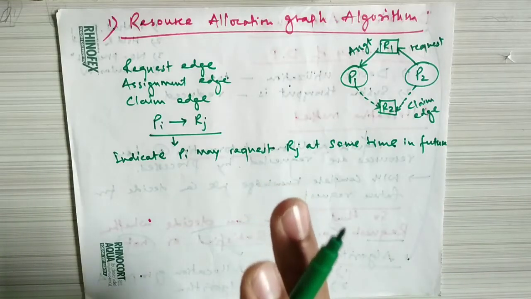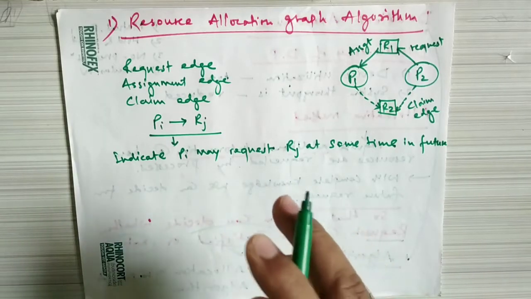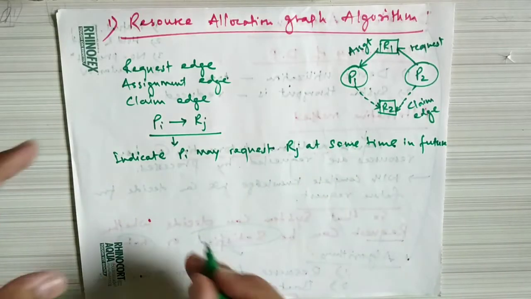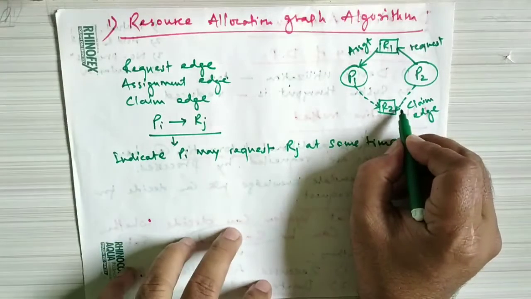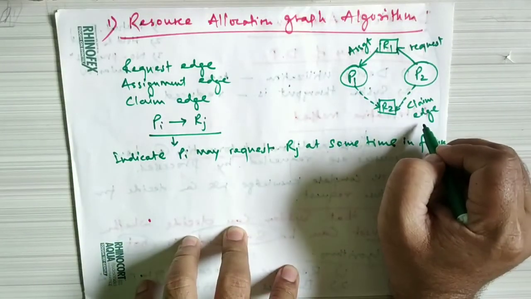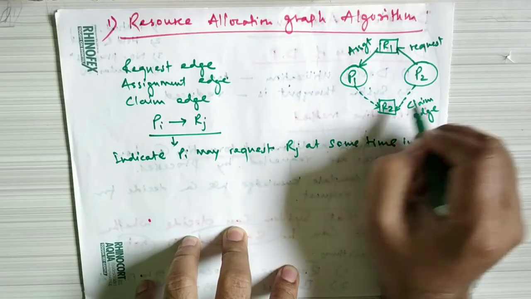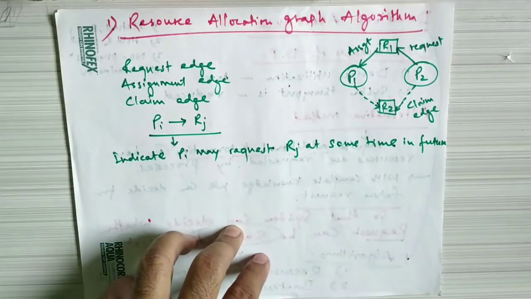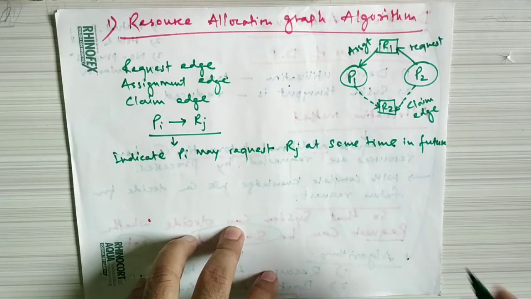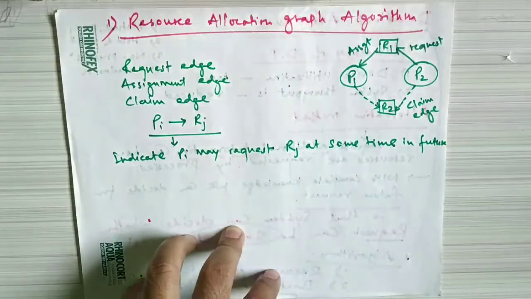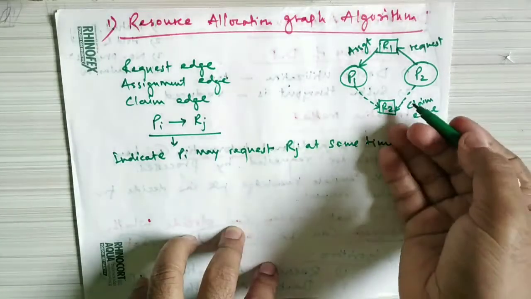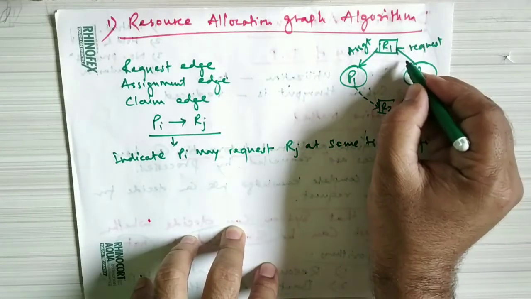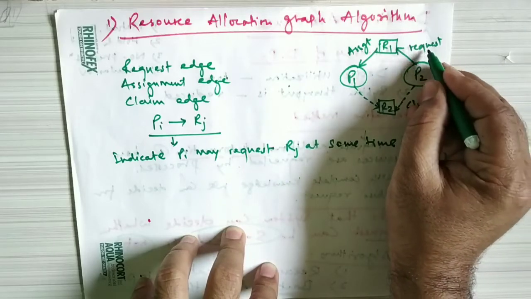When the resource is released by the process, the assignment edge is reconverted to the claim edge. You can see the example over here: P2 is claiming resource R2, meaning at some time in the future it may require R2. When it actually requires R2, the dotted line is converted into a solid line, and the edge is called the request edge.